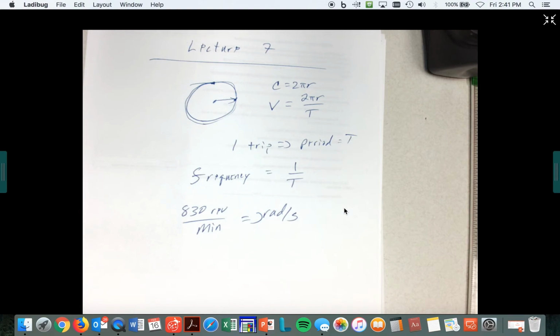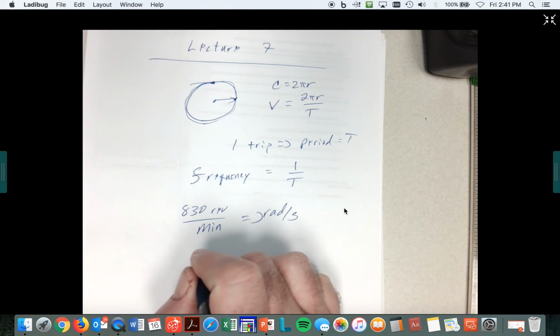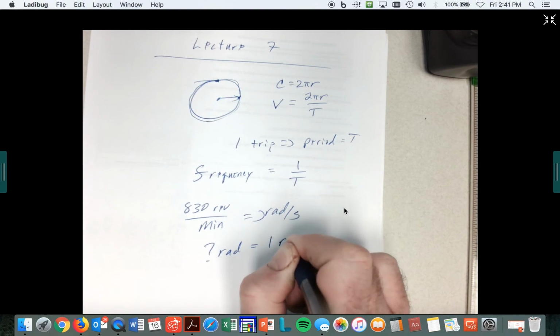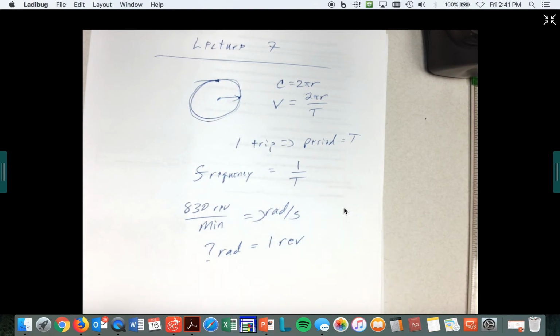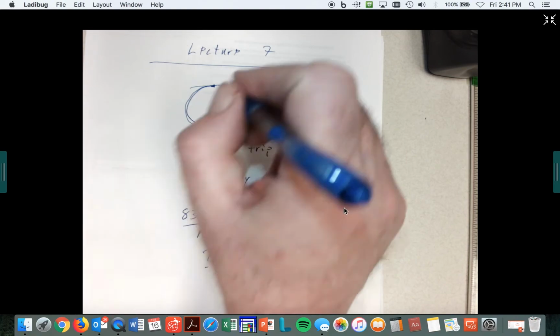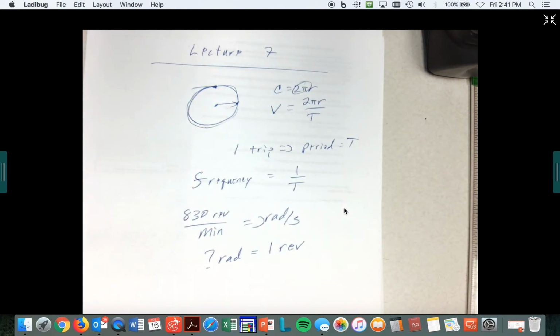And we know how to do that. How many radians is equal to 1 revolution? Do we have that written down anywhere on this page? Yes, we do. Right there.